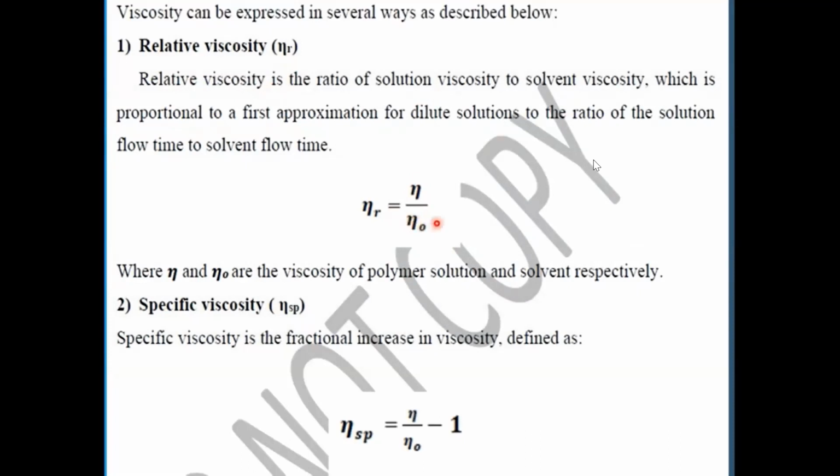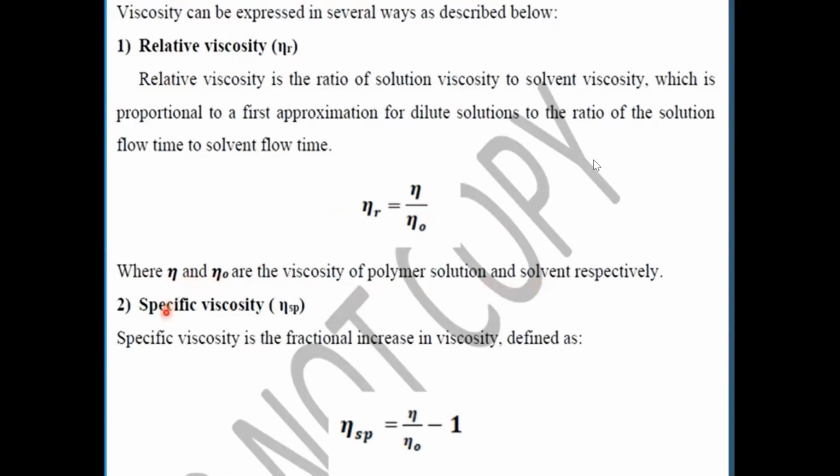That means flow time of the solution of polymer to the flow time of the solvent. Here, η and η_0 are the viscosity of the polymer solution and solvent respectively.